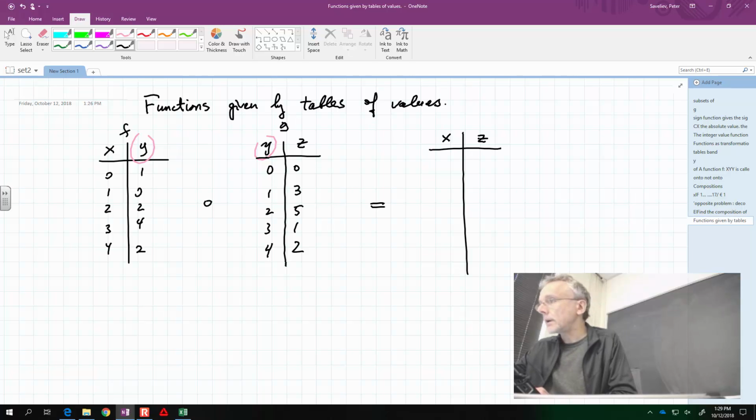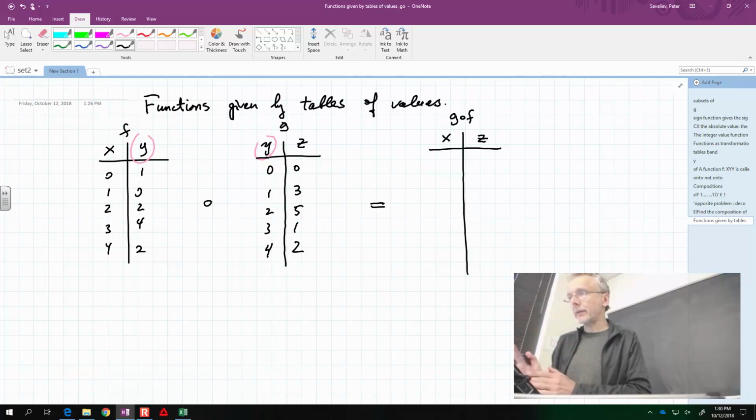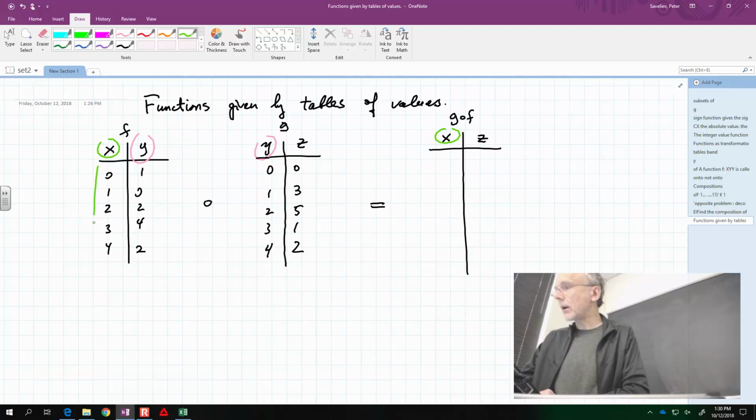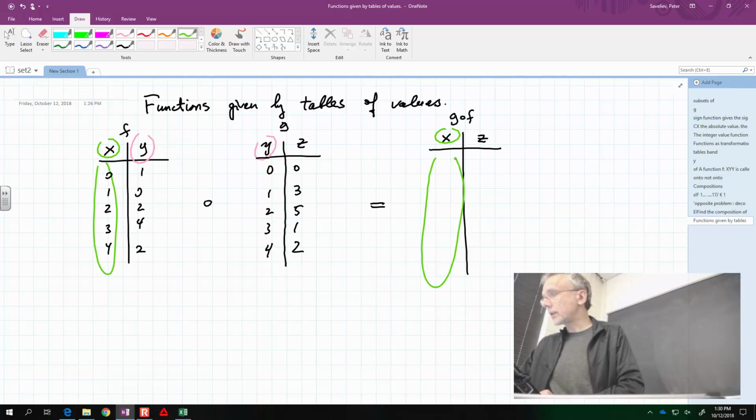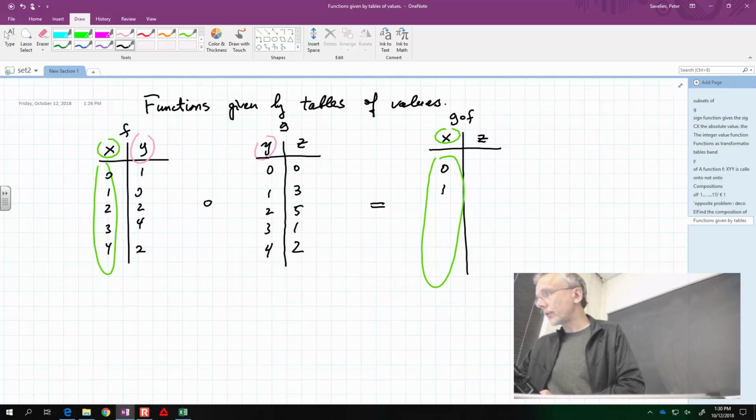G circle F, reading from right to left. Now the x's are given, so I'll just take these. These are my x's, and I will copy them so that there is no ambiguity. I will stick to the same values.